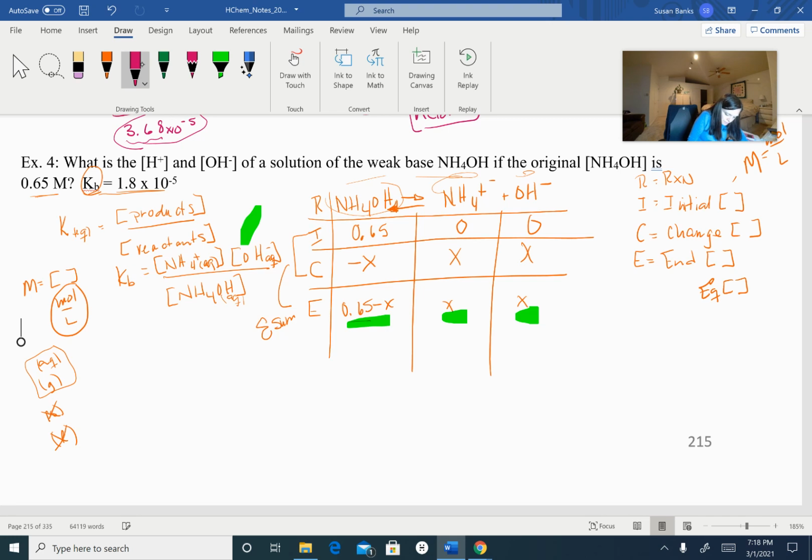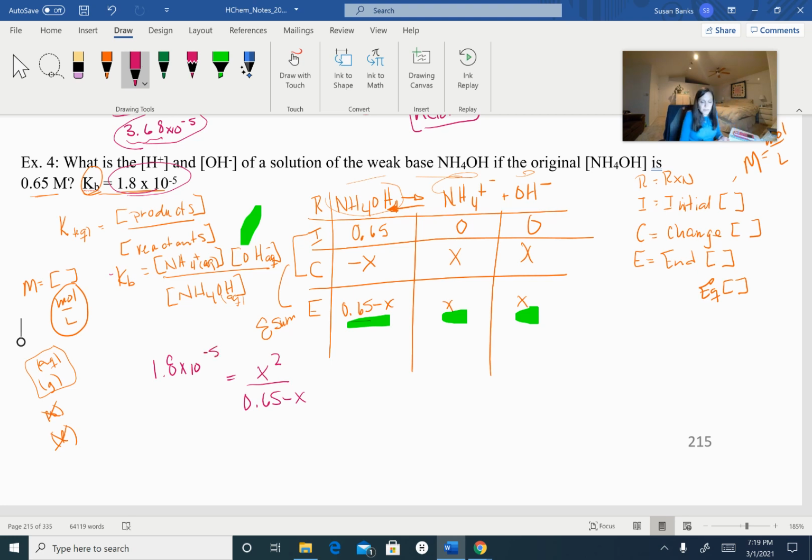So for ammonium, I have X. And for hydroxide, I also have X. So what is X times X? It is X squared, is it not? Okay, so there's my products and my reactants. I'm going to have 0.65 minus X. And I'm going to set that all equal to my Kb. And my Kb is 1.8 times 10 to the negative 5.